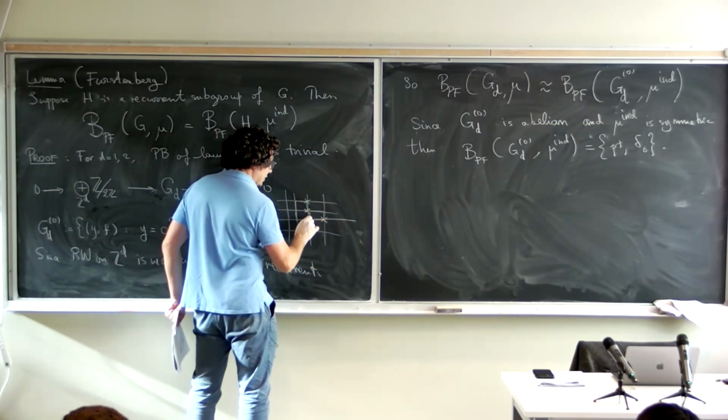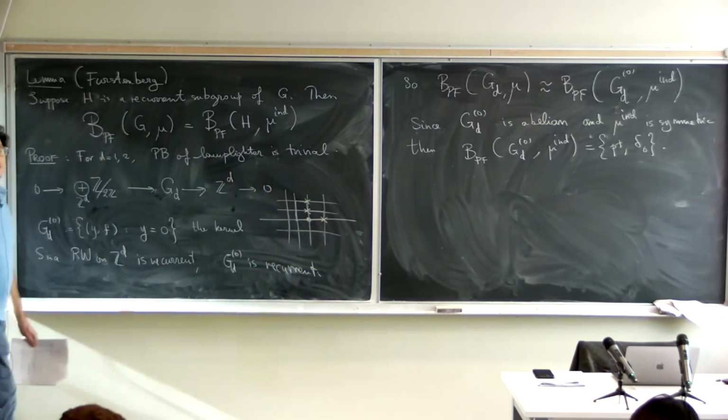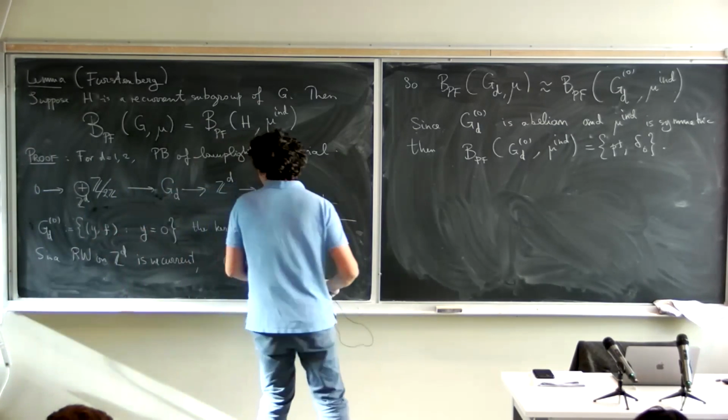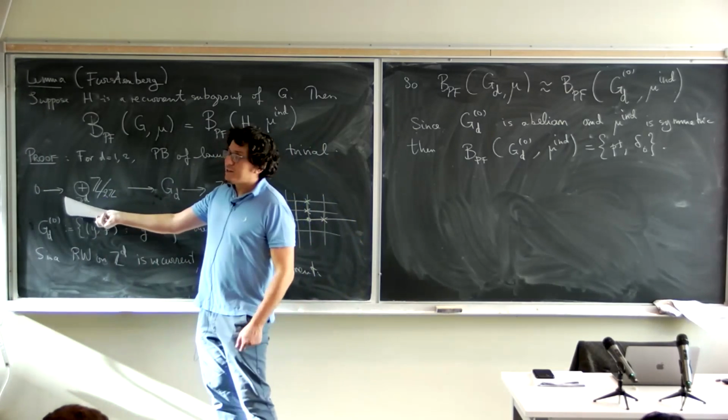Then you come back to the origin, but the state of the lights could be anything. This is the set of states where the walker is at the origin, but the state of the lights could be anything. So it's a big group, and in fact it's isomorphic to this one.